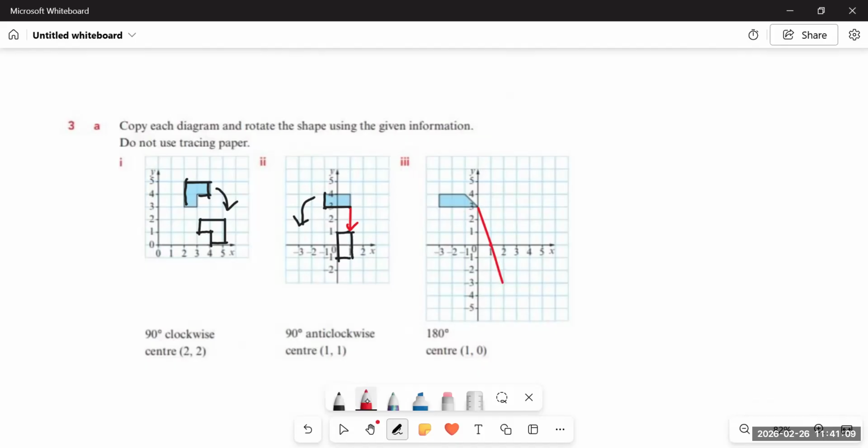So this time every movement will be 180 degrees. This is 180 degrees rotation.